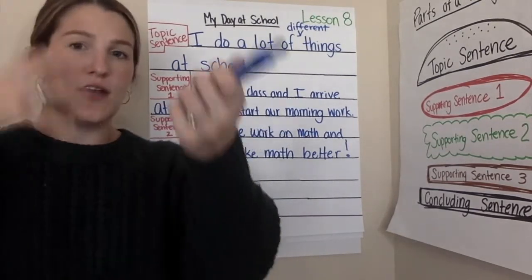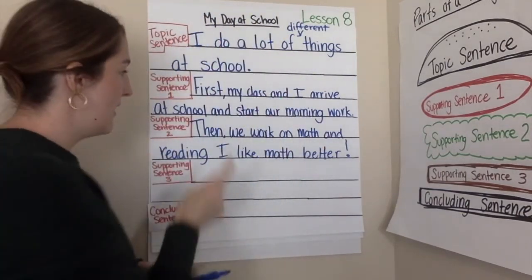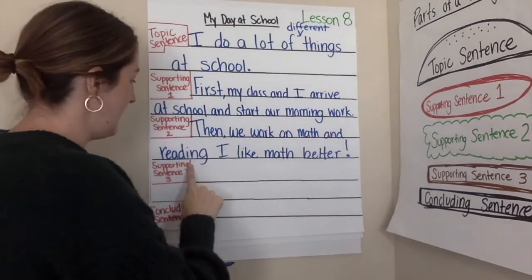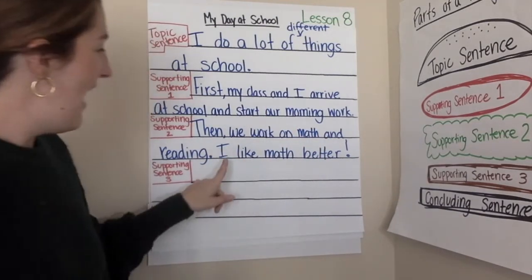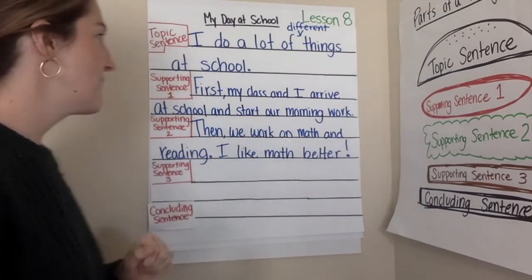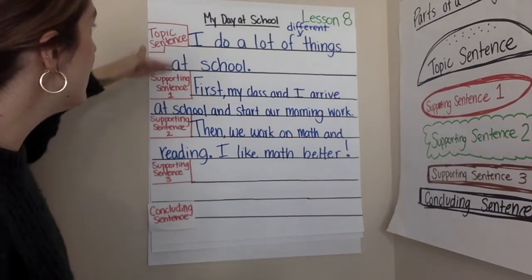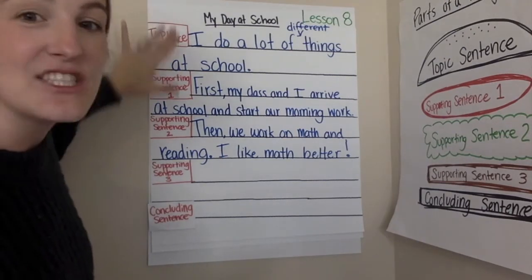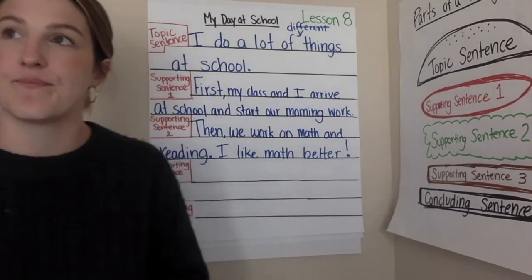You gotta take your time and reread to make sure it makes sense. Then we work on math and reading. I forgot a period. I like math better. Okay, so I have my topic sentence. I have 2 sentences that are about my topic. They support my topic. Now I'm going to go on to sentence number 3.